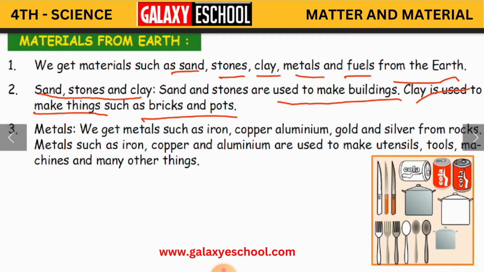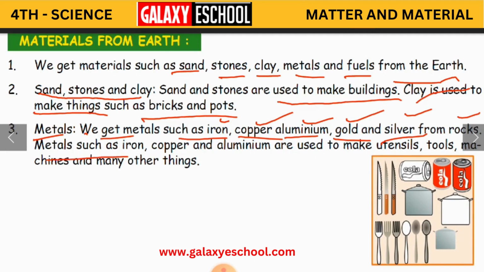Okay, and now metals. So what are these metals? Such as iron, copper, aluminum, gold and silver. We get metals such as iron, copper, aluminum, gold and silver from rocks. So where do we get metals, children? Yes, we get them from the rocks, and there are different types.